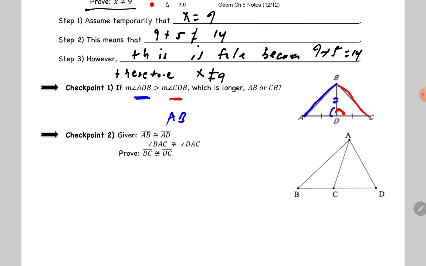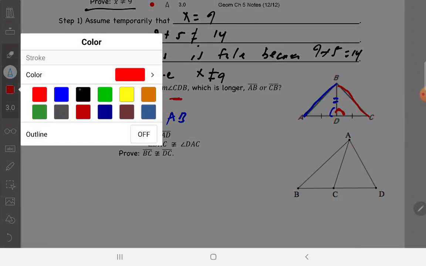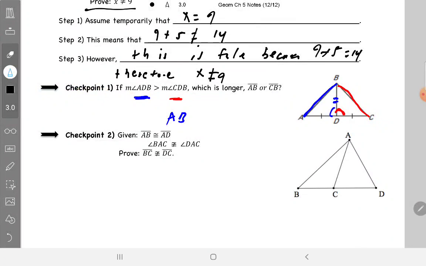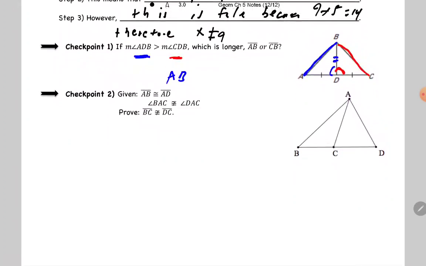Alright. We got a proof going on here. So proof by indirect proof. Indirect proofs are in paragraphs.